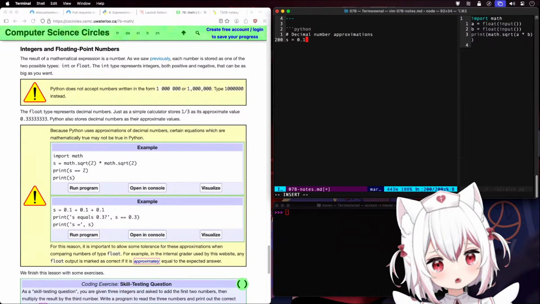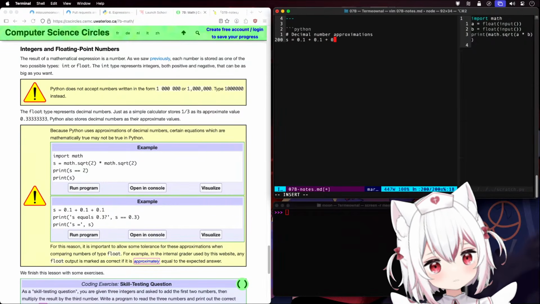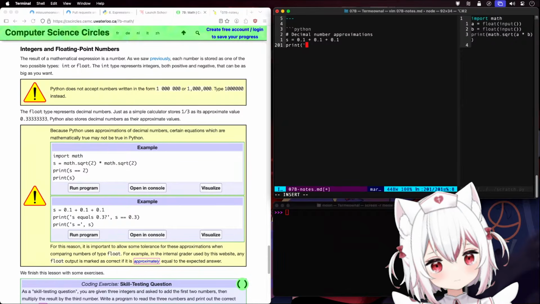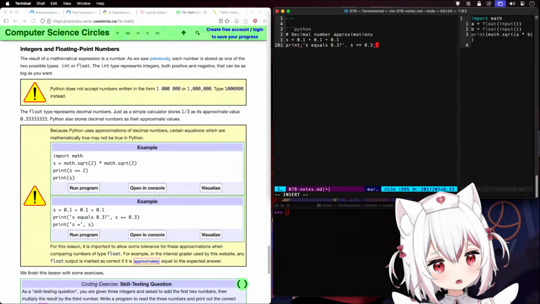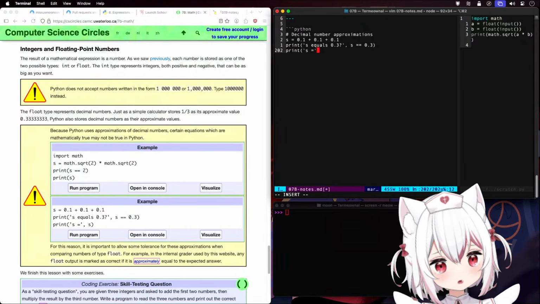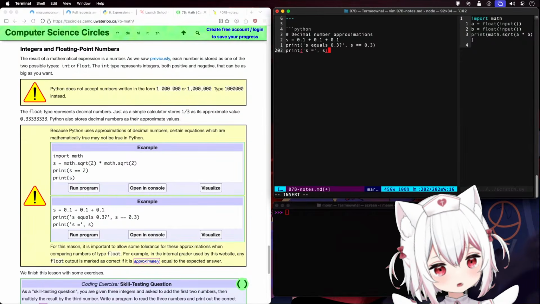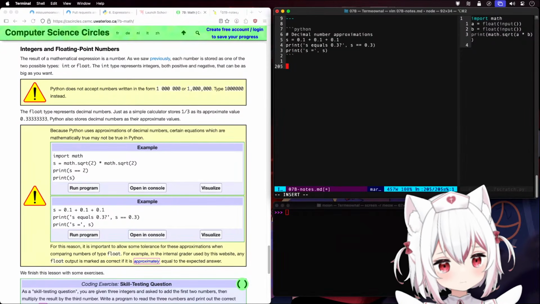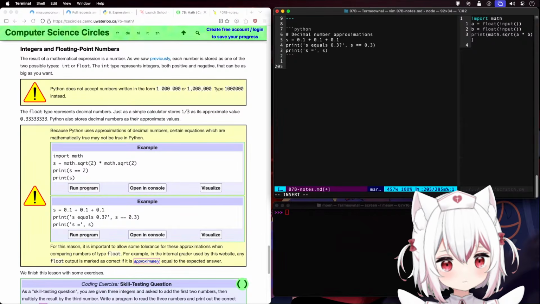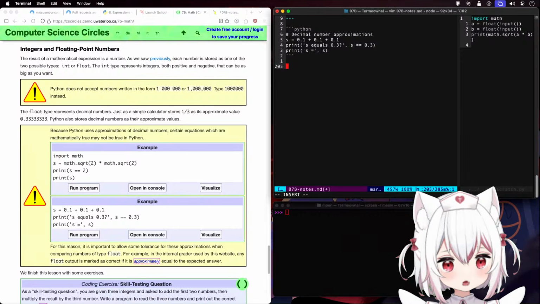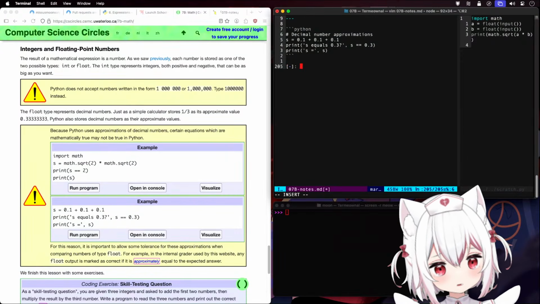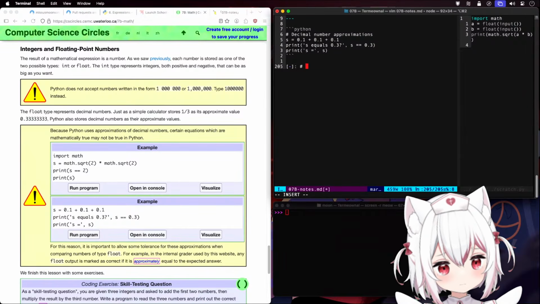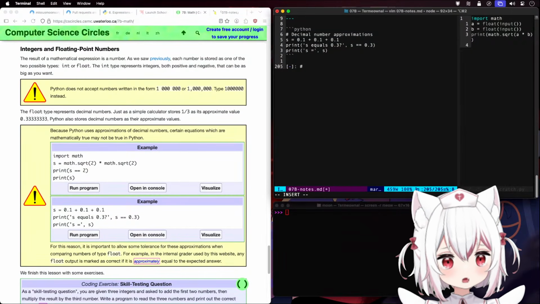This is s equals 0.1 plus 0.1 plus 0.1. Print s equals 0.3? Print s. So I suspect we will get, I don't know.